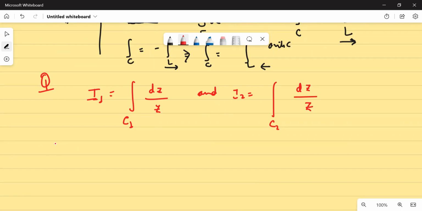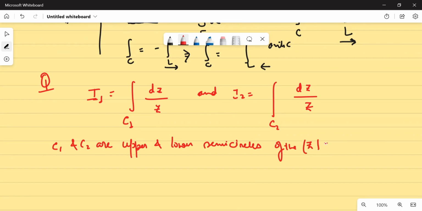Here C1 and C2 are the upper and lower semicircles of the unit circle, |z| = 1. And both are traversing in opposite directions.